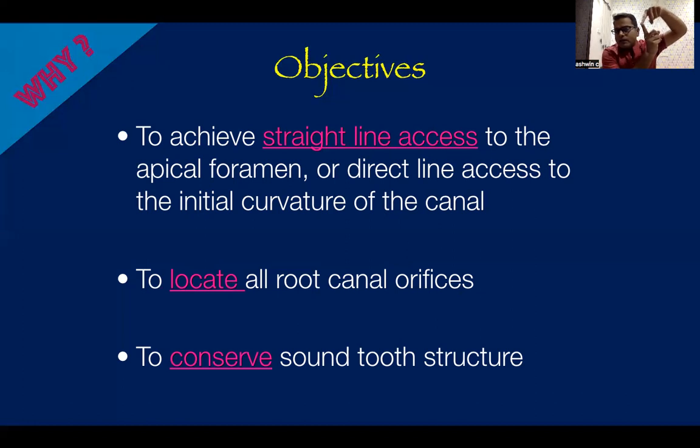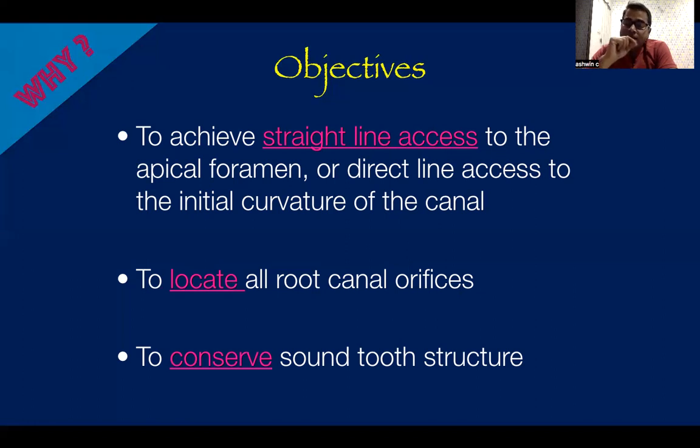Whichever straight line is nearer to your eye and hand is the first straight line, the one near the coronal part. So you just have to take the axis and make sure your axis is directly going inside the orifice. That is what is called the initial straight line to the initial curvature.